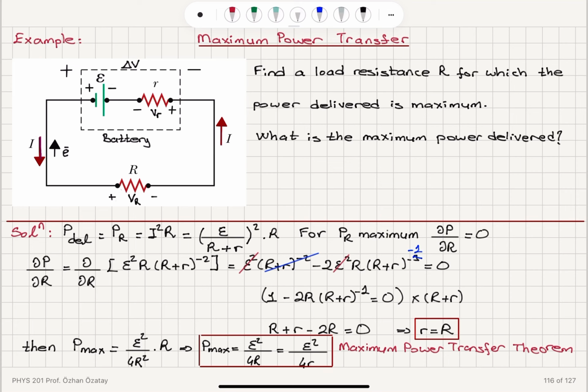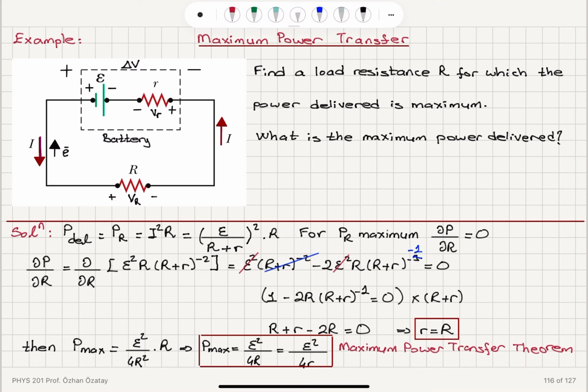We considered a DC circuit where we have a battery that has electromotive force epsilon, internal resistance r, connected to a resistor, load resistance capital R. And under steady state conditions, what should be the value of load resistance for which the maximum power will be transferred, and what will be the maximum power delivered to the load?